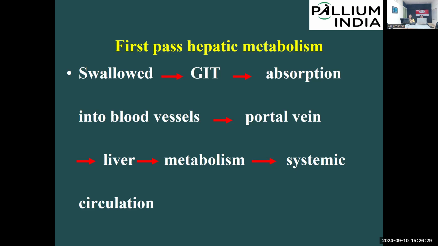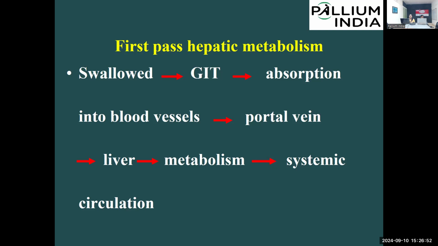Mainly morphine is metabolized in the liver, but a minor part undergoes metabolism in the gastrointestinal tract as well as in the kidney.